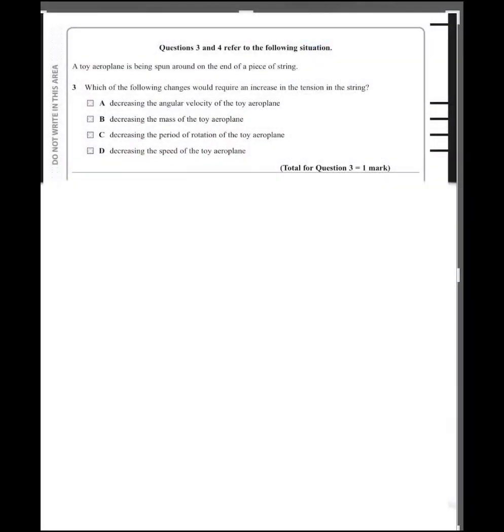A toy airplane is being spun around on the end of a piece of string. Which of the following changes would require an increase in the tension in the string? So for example, this is the string and this is the angle at which it is rotating, in this type of motion.